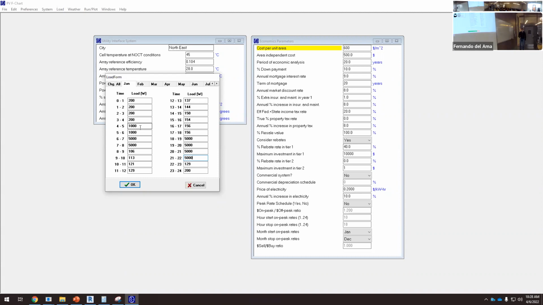This is 200 watts. Then at 5 and 6, I consume 1,000. So this is 1,000 and 1,000. Then after that, 6 and 7, I'm consuming 5,000.